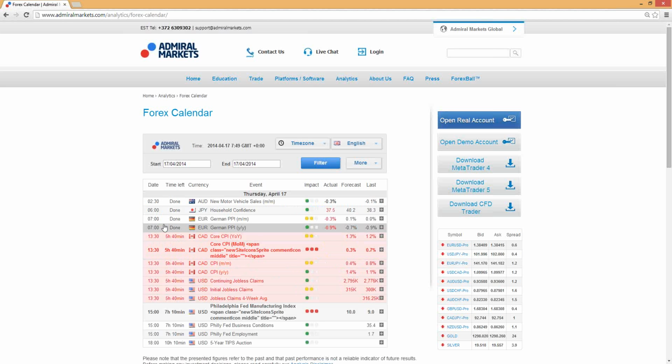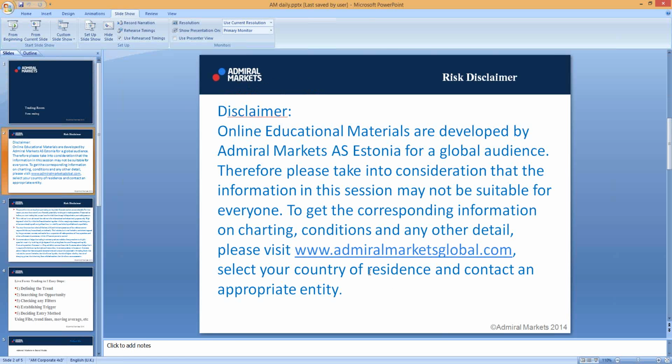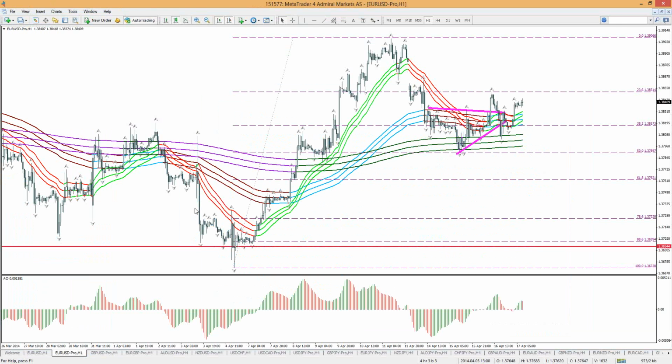As for the risks of trading in India, I guess it would be best to go to the Admiral Markets global website I mentioned, select your country of residence and contact an appropriate entity. I guess that would be the best, because I wouldn't know by heart about the regulations in India and stuff like that.